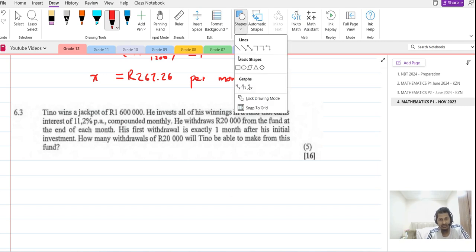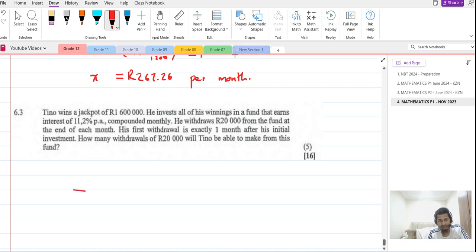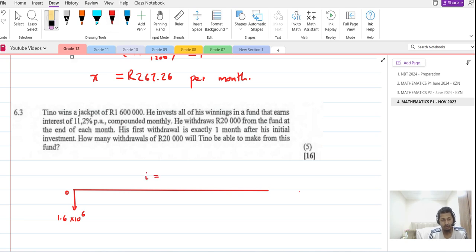Right, so there's an investment of 1.6 million. You can write it as times 10 to the power 6, right? Interest is 11.2% per annum compounded monthly.